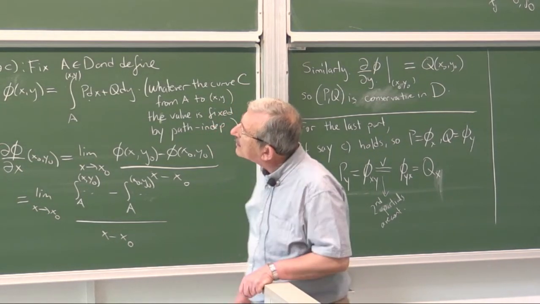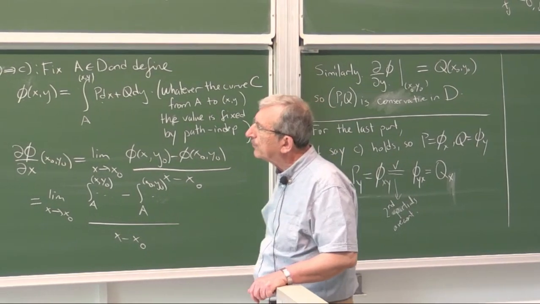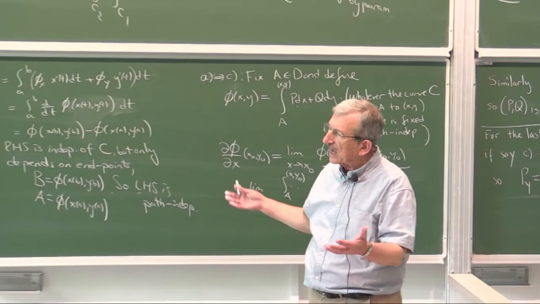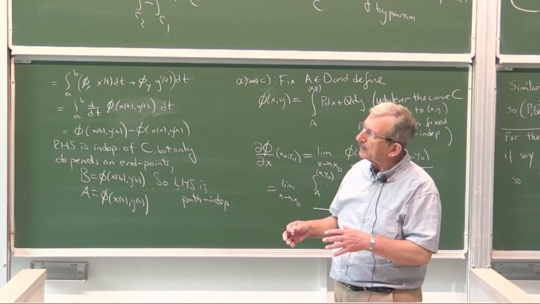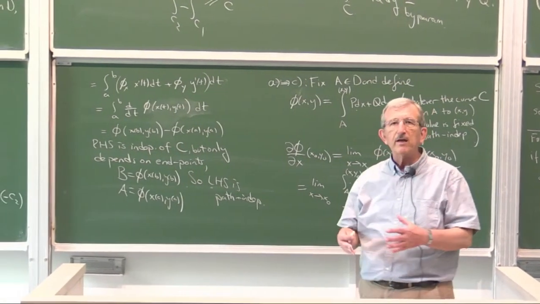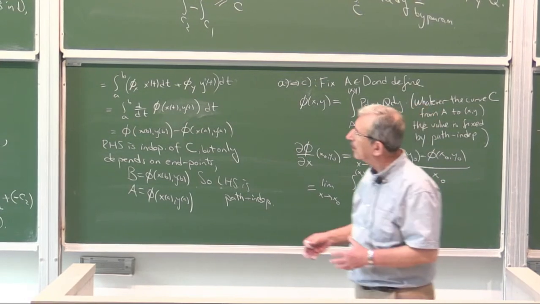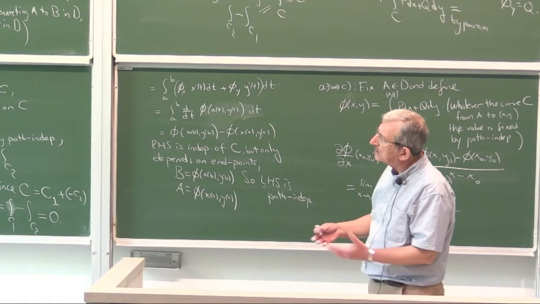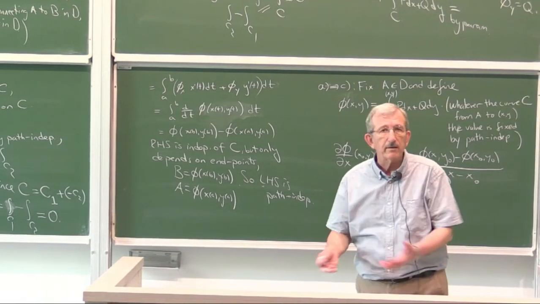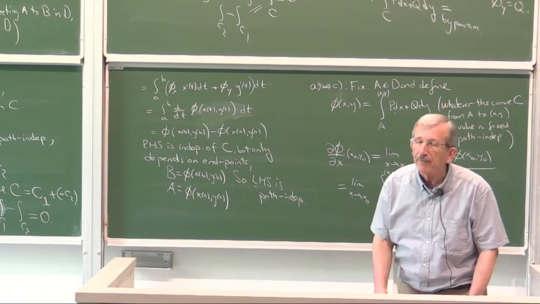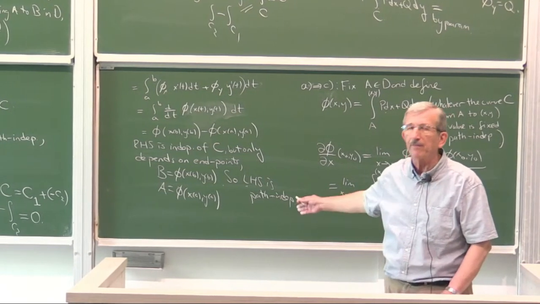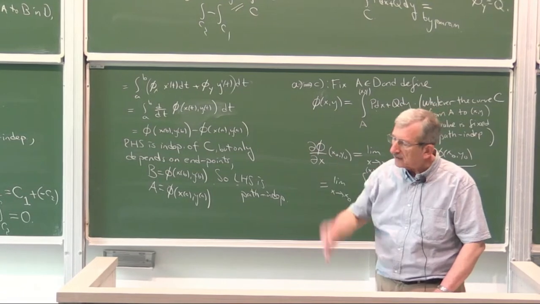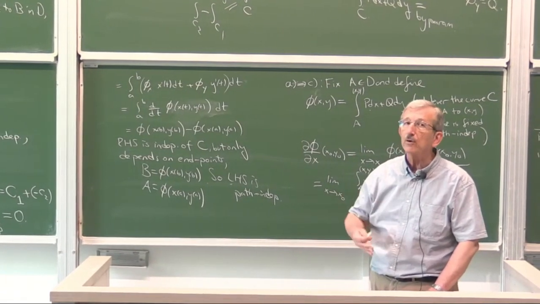Secondly, it tells us, as in the proof, that if we have path independence, that is to say, if it's exact, then we can just find another path which is simpler and evaluate it on that simpler path. We don't have to use the given path. But this will be true if we have an exact differential, that is, if the field is conservative.